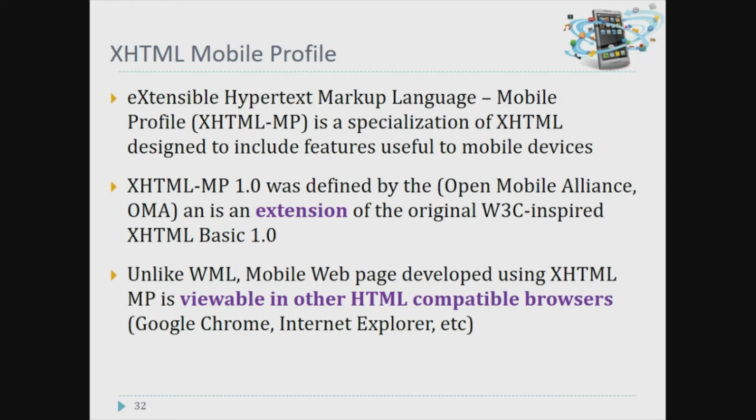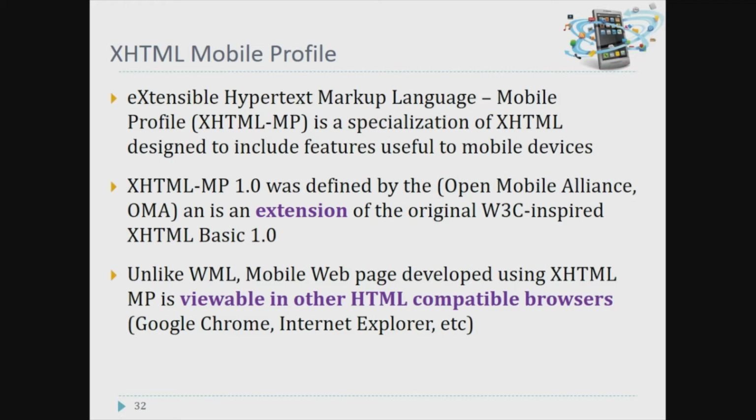This one is a specialization of XHTML designed to include features useful for mobile devices. XHTML-MP 1.0 was defined by the Open Mobile Alliance, or OMA, the acronym, and it is an extension of the original W3C-inspired XHTML Basic 1.0.